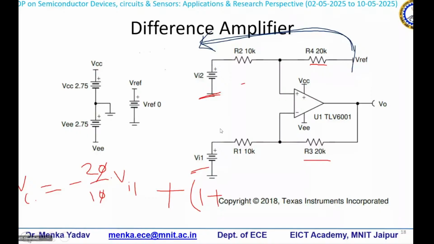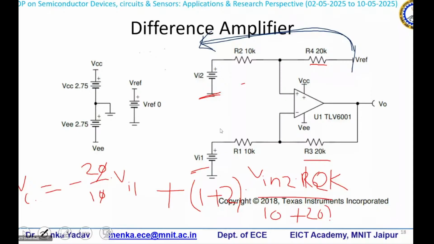So 1 plus 2. Okay. Next, Vin 2 into R2 divided by R2 plus R4. That is R2 is 10 kilo, this is 10 kilo, plus 20 kilo, R2 plus R4. And the same thing towards this way, plus V reference into R2, yeah, it was R4, 20.